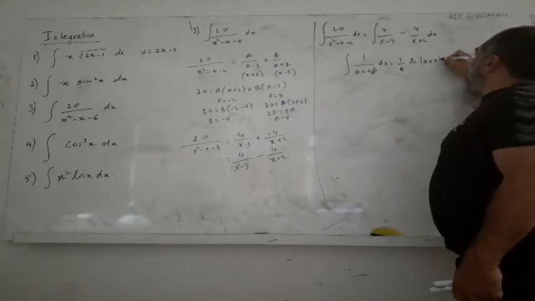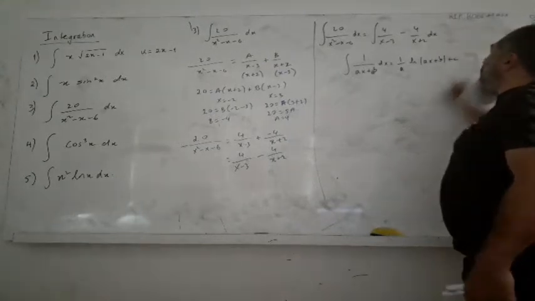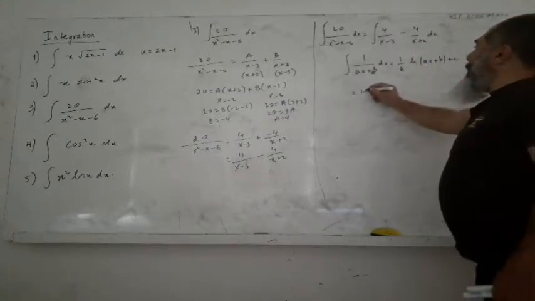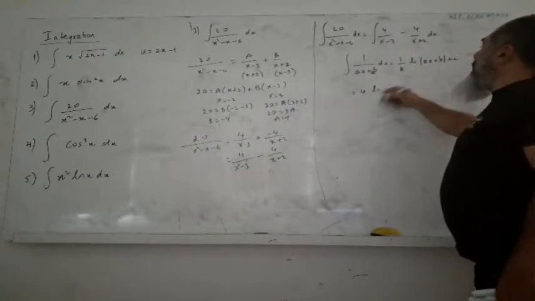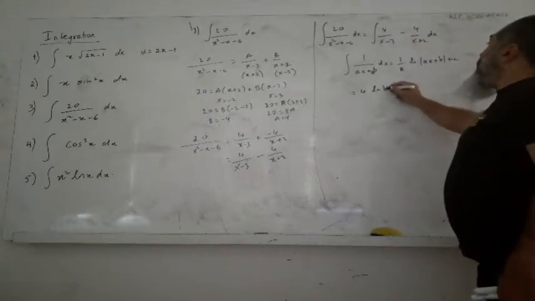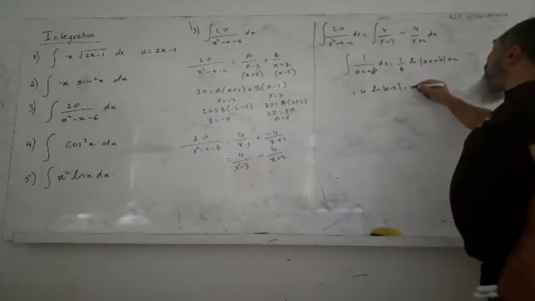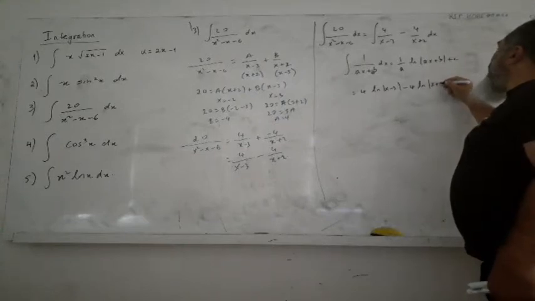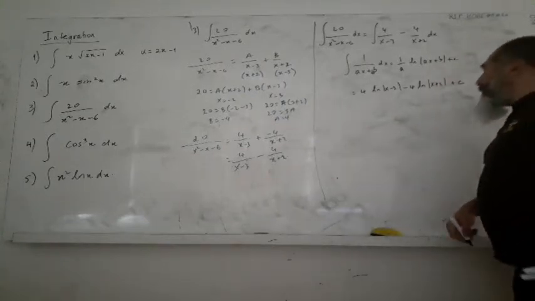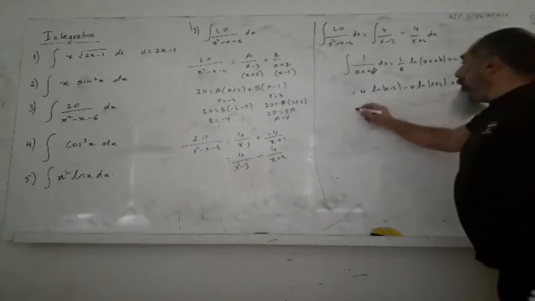So by using that expression here, 1 over 1 is 1, so we get 4 ln of x minus 3 minus 4 ln of x plus 2 plus c as the integration. And we can have a further simplification here.